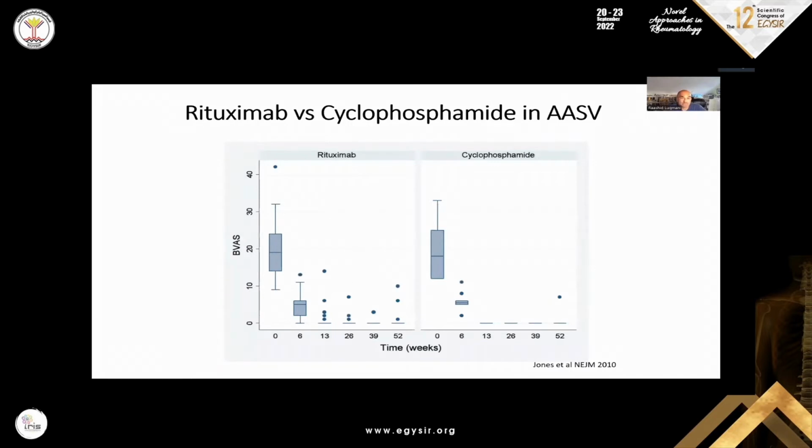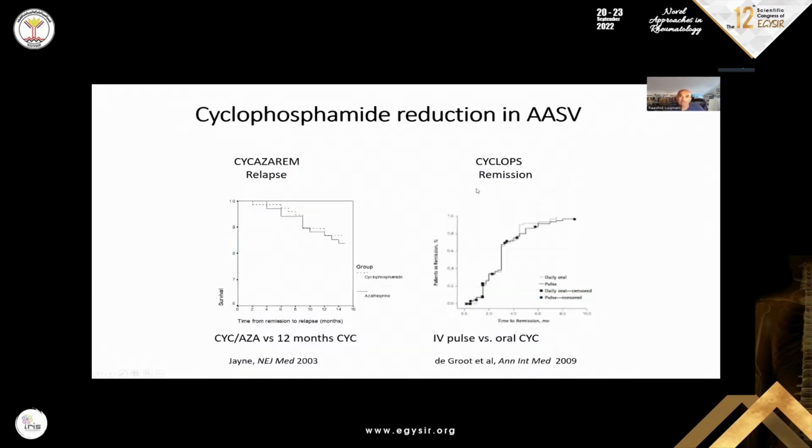Now, BVAS is used as a means to evaluate the benefit or not from individual drugs. So this is the RAVE study using BVAS as the outcome measure, the main outcome measure, to measure the responsiveness of the disease to either rituximab or cyclophosphamide.